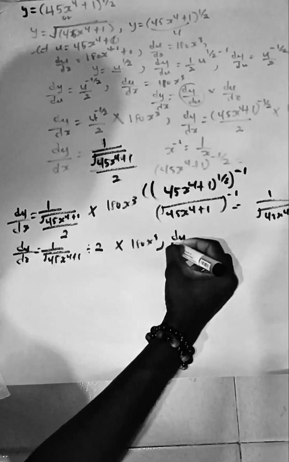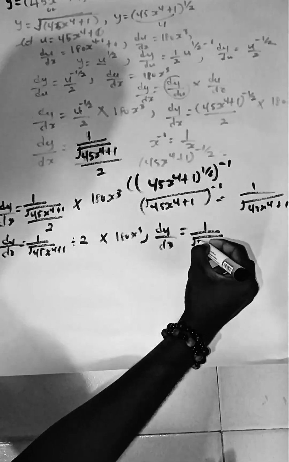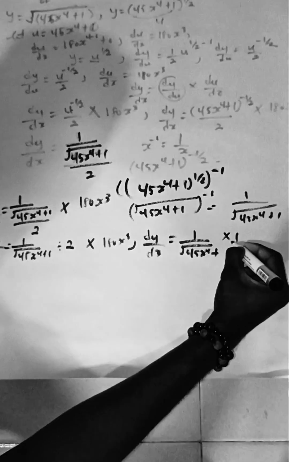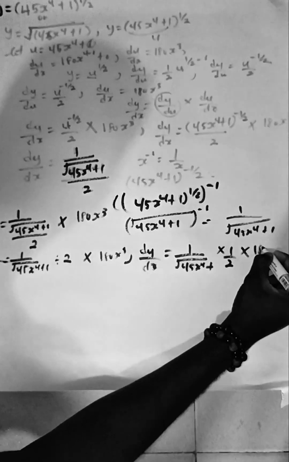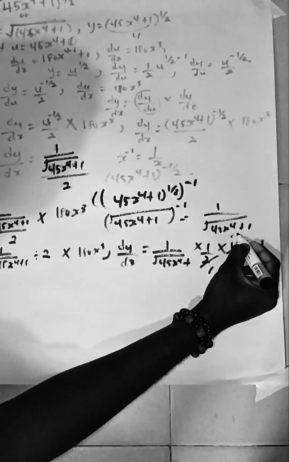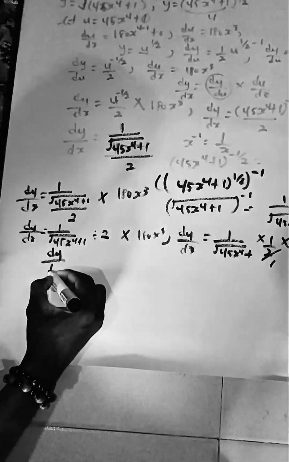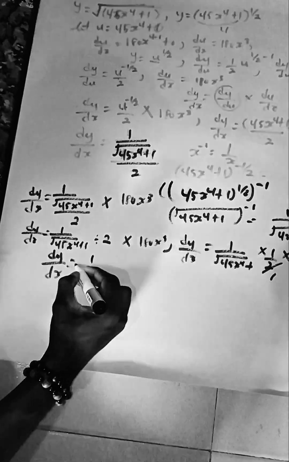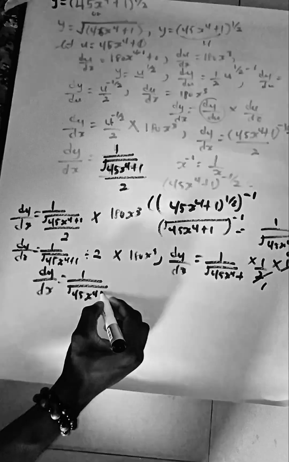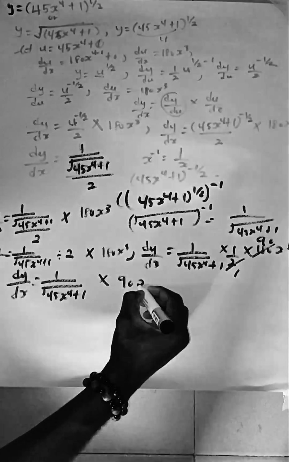So our dy by dx equals 1 over the square root of 45 x raised to the power 4 plus 1, multiplied by 1 over 2 times 180 x cubed. So 2 in here is 1, and 2 in 180 is just 90. So our dy by dx is equal to 1 over the square root of 45 x raised to the power 4 plus 1, then multiplied by 90 x cubed.